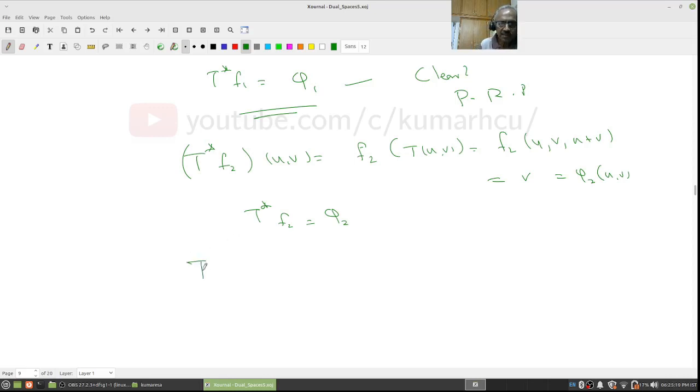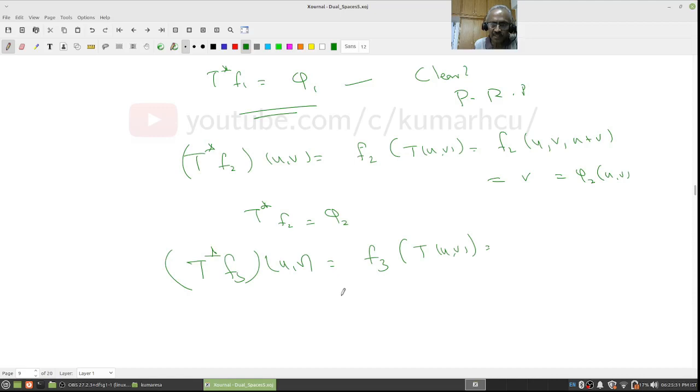Now what is T star of F3 of UV? That you can see is F3 of T of UV. I am just writing so that you get practice. The moment you see T star of something, how you should act, this you should learn. That's why I am doing all these things.